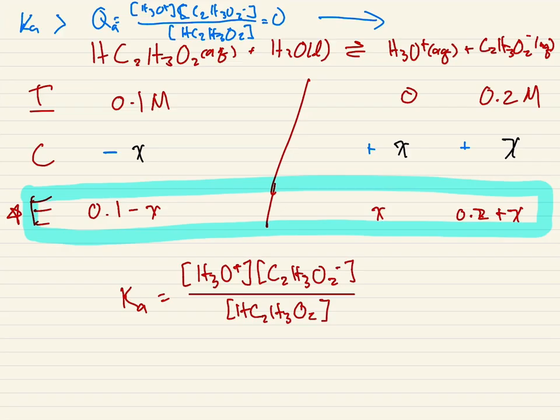And when we set it equal to Ka, these are the exact equilibrium concentrations we have here. So that's why we plug those into our equilibrium expression. So we get X times 0.2 plus X over 0.1 minus X.